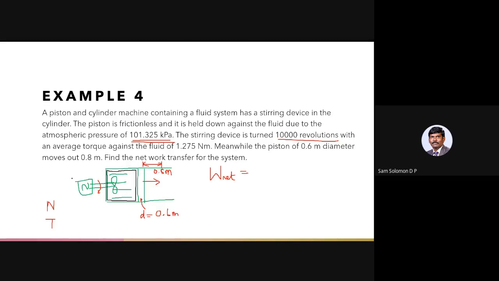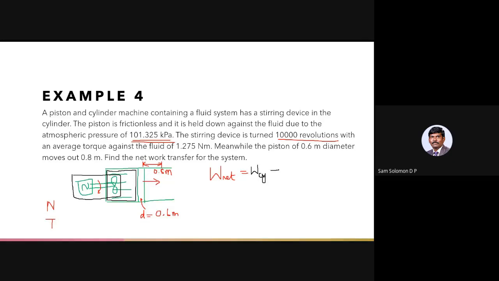The second system is this particular steering device, which is connected to some sort of electricity or a motor or whatever it is. So there are two systems here. One is the W in case of the cylinder piston arrangement.